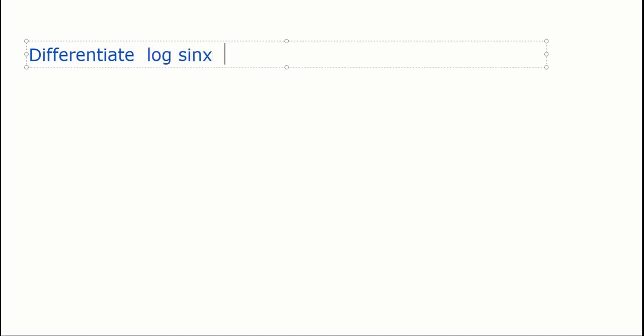new topic. Suppose I say, differentiate log of sin x with respect to root of cos x.